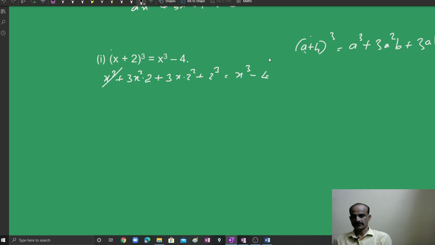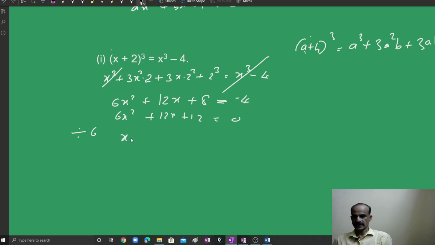Here in the first step itself, x cube cancels. 3 twos are 6, 6x square plus 4 threes are 12x plus 8 is equal to minus 4. 6x square plus 12x plus 12 is equal to 0. This can be divisible throughout by 6. So, it will be x square plus 2x plus 2 equal to 0. It is a quadratic equation.